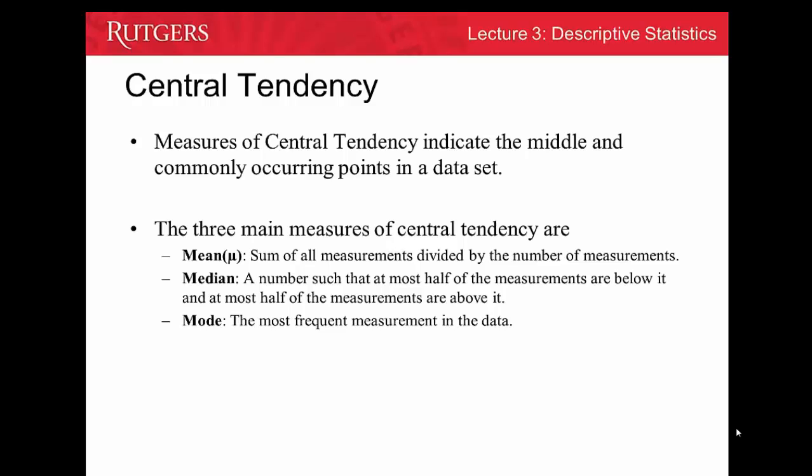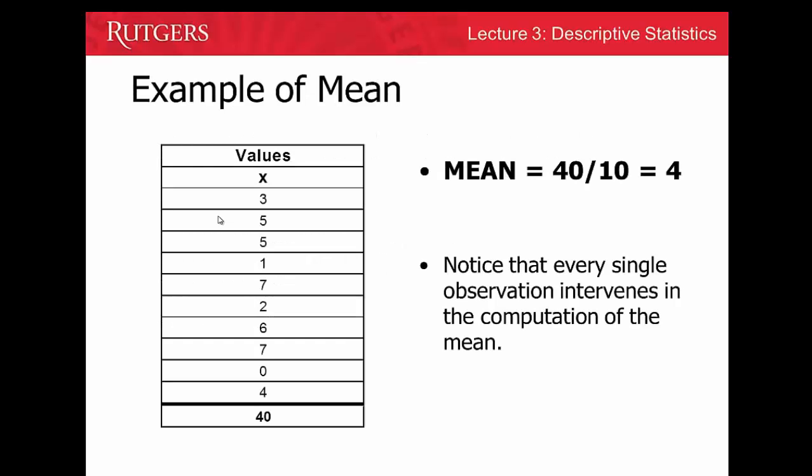Okay, now let me explain these measurements one by one for you. This table shows the sample data, and the last row of the table shows the sum of all the values in this data set.